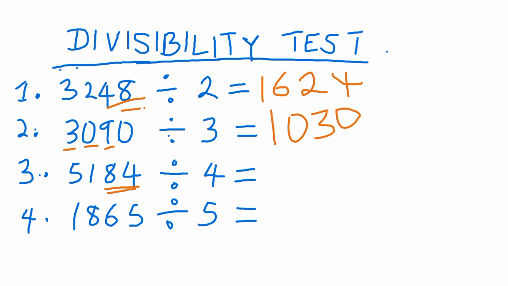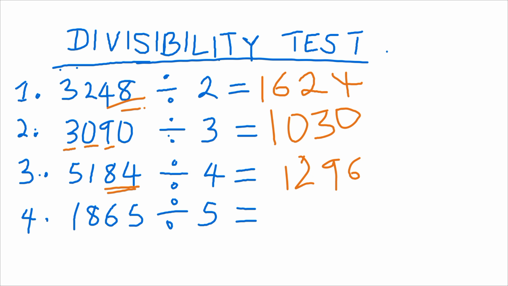So that means this 5,184 can divide 4 without a remainder. And when it divides 4, the answer is 1,296.